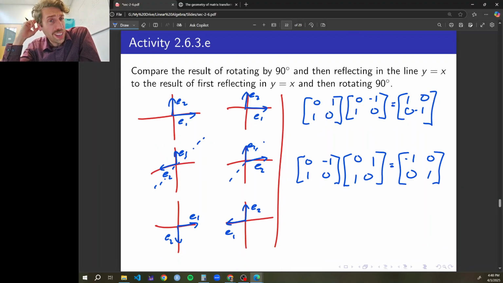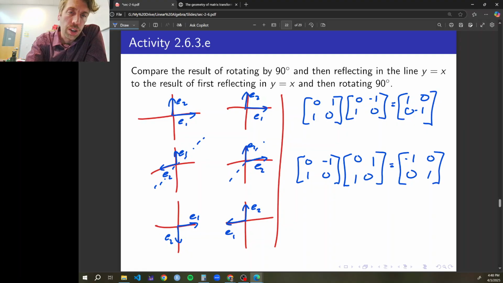Now for part E, compare the result of rotating by 90 degrees and then reflecting in the line y equals x to the result of first reflecting in y equals x and then rotating 90 degrees. So here I'm going to go down, and this is going to be the first one, and then this is second. Okay. So the first example is you start off with e1, e2.